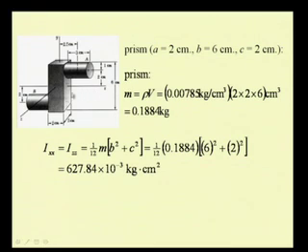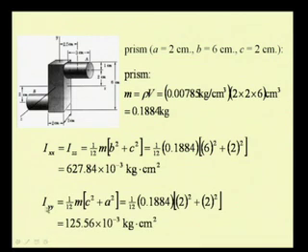If I am interested to compute the second moment with respect to the z axis, then I have to consider the dimensions b and c. So, we have b square, which is 6 square, plus c square, which is 2 square, times mass times 1/12, and we have this value as 627.84 into 10 to the power of minus 3 kg centimeter square.